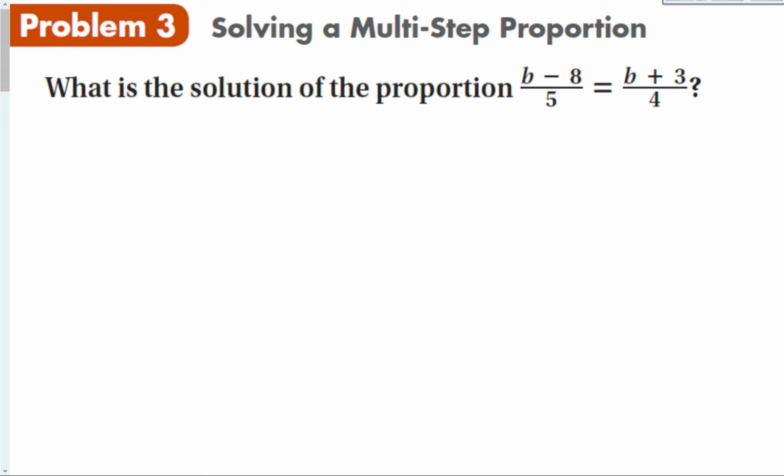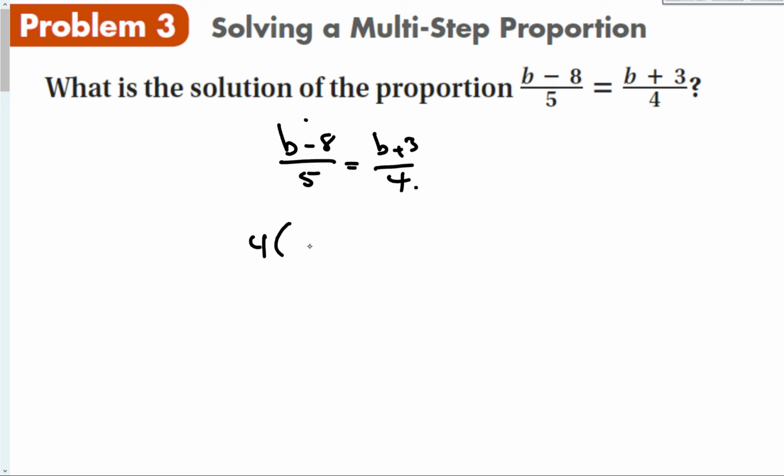So this is a multi-step proportion. Not only is cross multiplying the best way to solve this, it's probably going to be the most efficient way and probably the only way that you could actually get to the answer. Okay, so we're going to cross multiply. We start with my equation, b minus 8 over 5 is equal to b plus 3 over 4. I'm going to multiply these two together first.